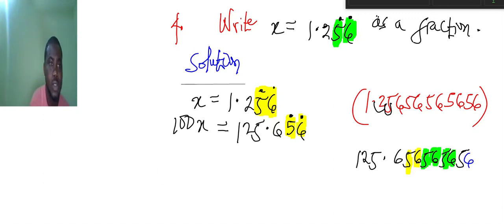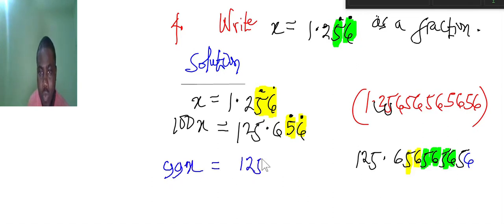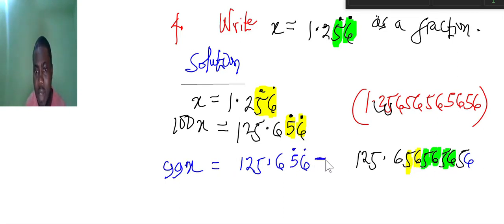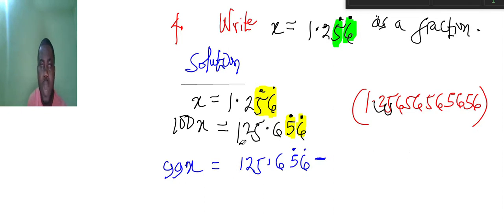So now let's subtract. 100x minus x is 99x, equals 125.656565 recurring minus 1.256 recurring.